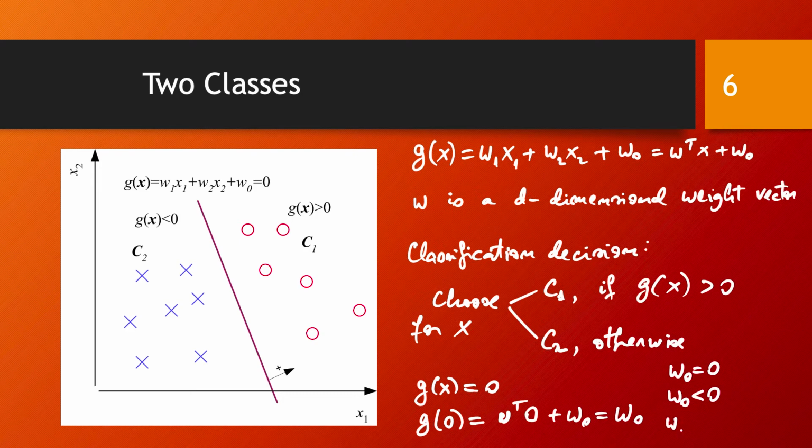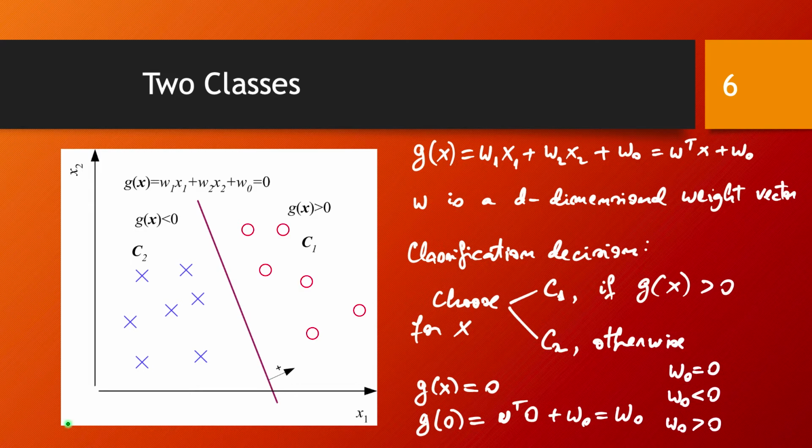And finally, if w0 is larger than 0, then the origin is going to fall onto the positive side of our hyperplane, meaning that the discriminant is going to be, in our example, somewhere on this side of the origin.